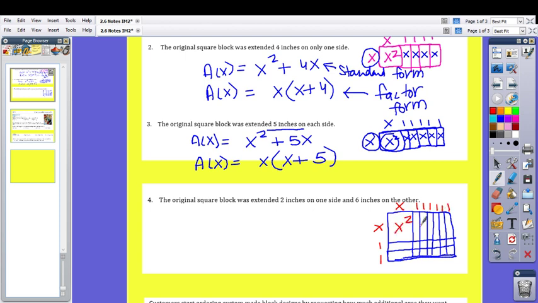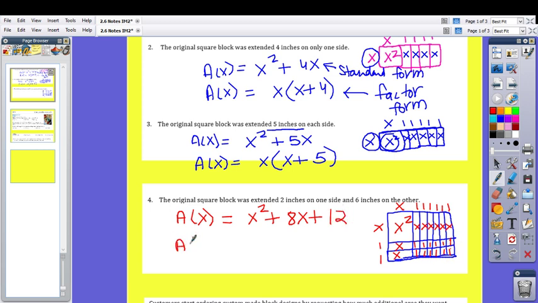So we get x squared, and then we have 6 of the x's. Then you have 2 of the x's, and then you have 6 of the ones, and then in another row you have 6 of them. So it will be x squared, and then 6 and 2, 8x, and then we have 12 of them.